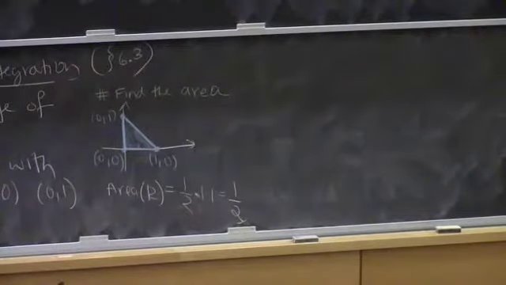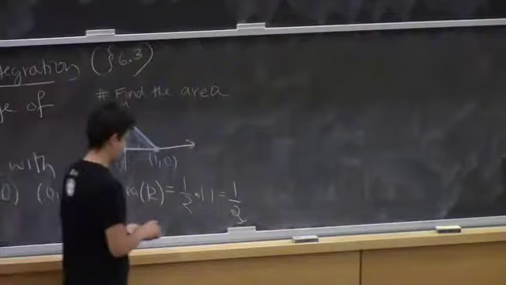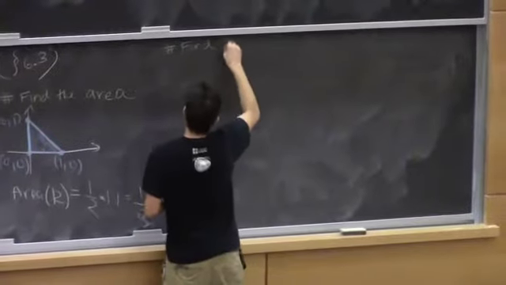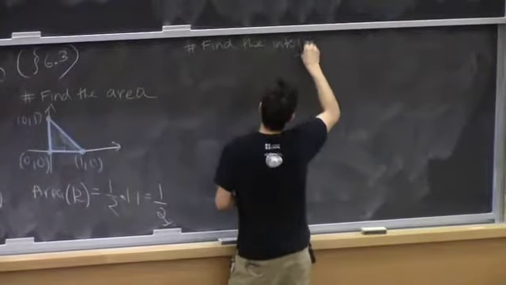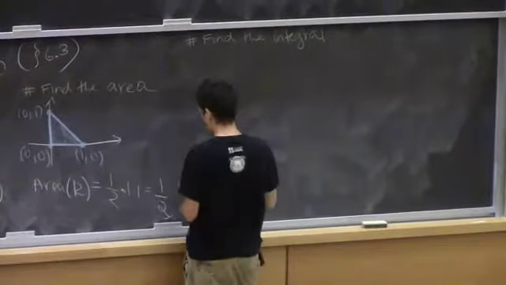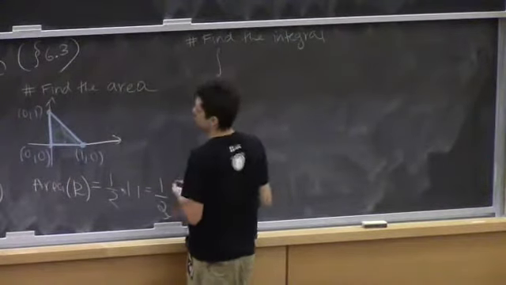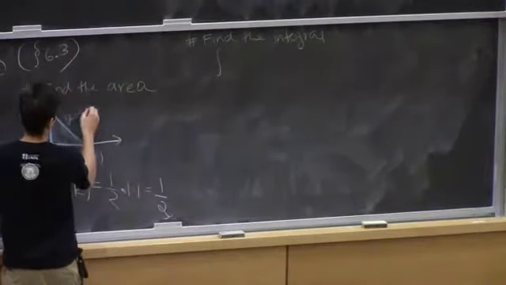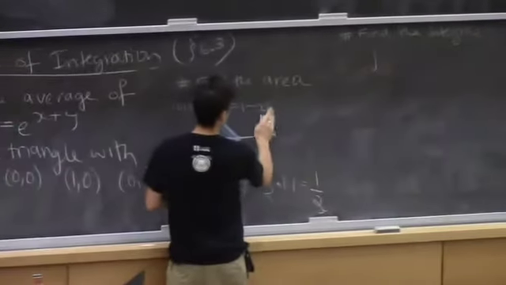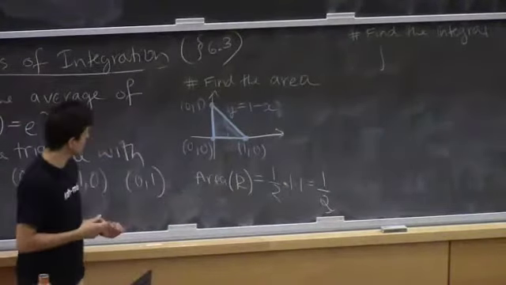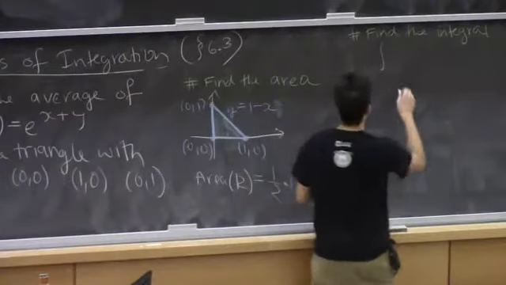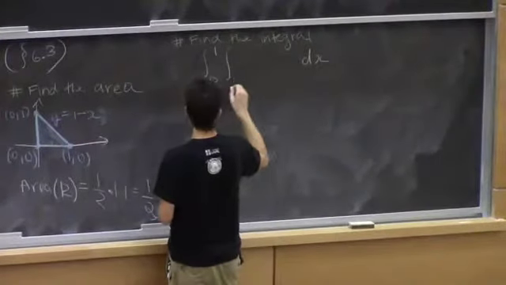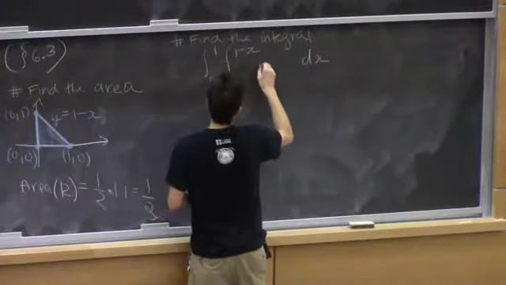Okay, and now we calculate out the average itself. So to calculate out one of these, we have to set it up as a simple region. So we go from 0 to 1 in the x direction, 0 to 1 minus x in the y direction.